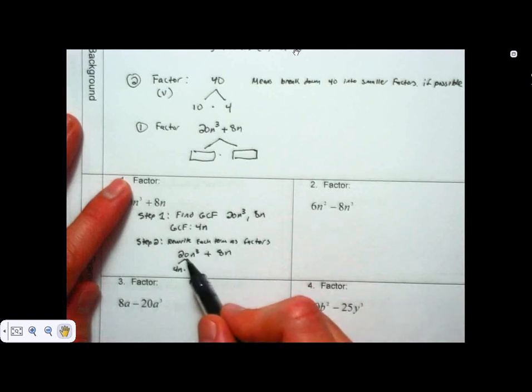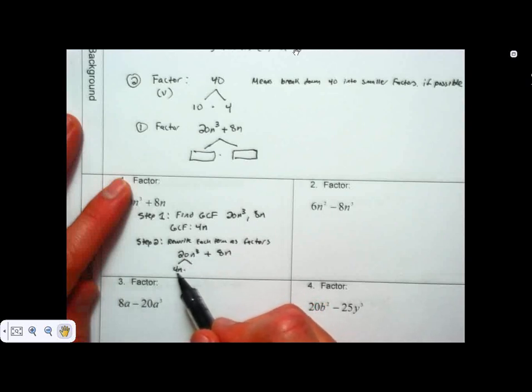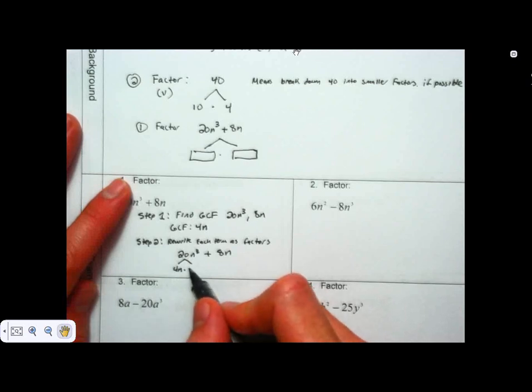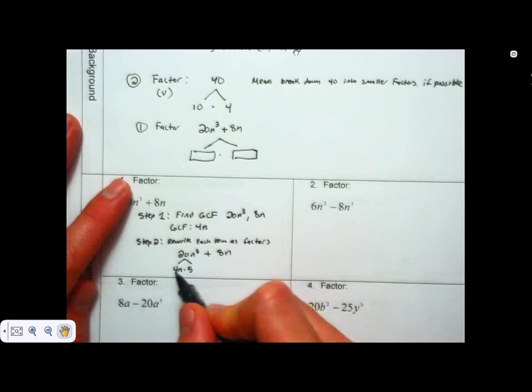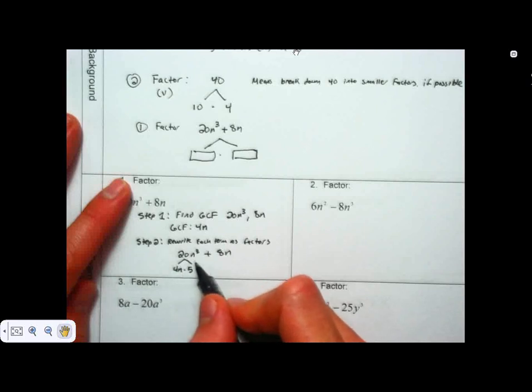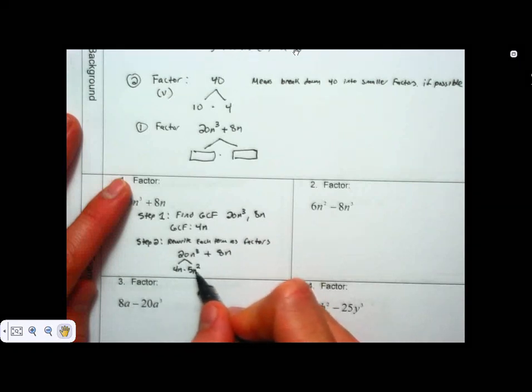So if I look at the first one, if I started with 20n to the 3rd, that means I can break that down into 4n times, well, 4 times 5 is 20. And then if I've got n and I started with n to the 3rd, that means I have to have 5n squared.